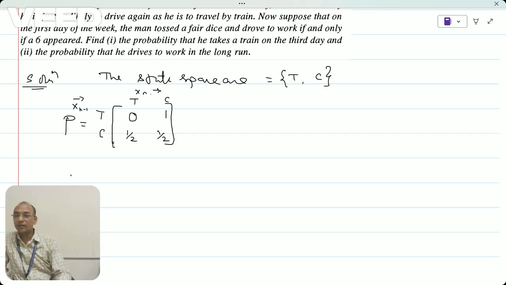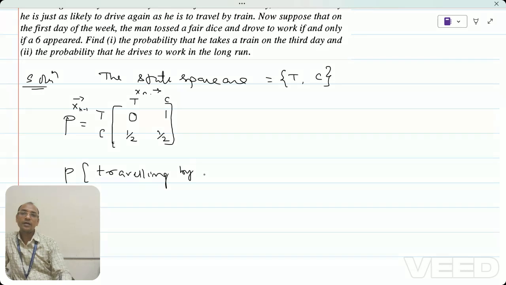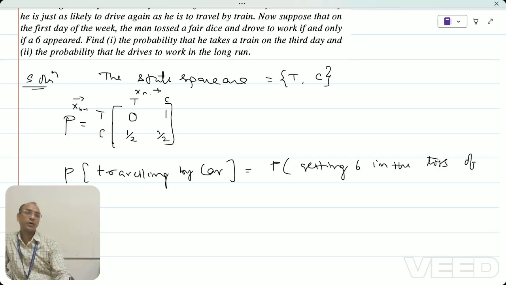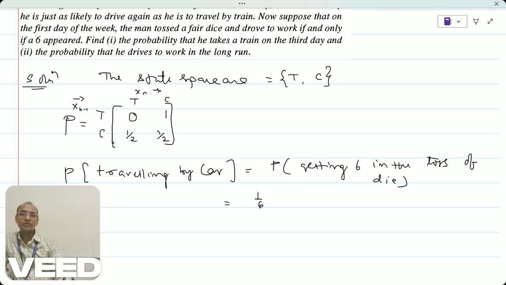So here I will have the probability of traveling by car, which is nothing but the probability of getting 6 in the toss of the die, and that is nothing but 1 by 6.